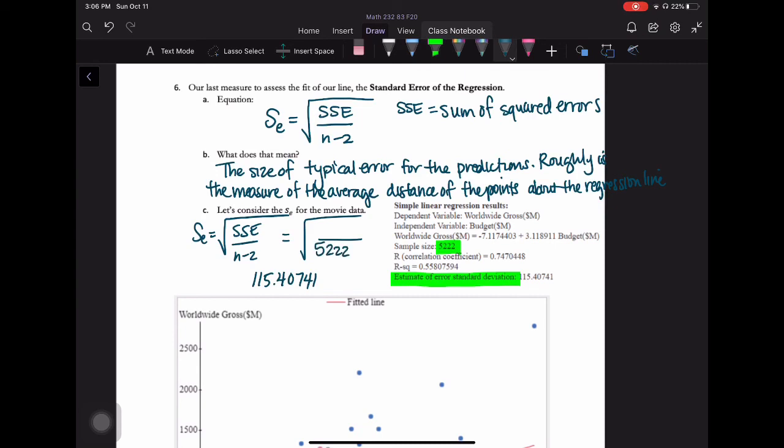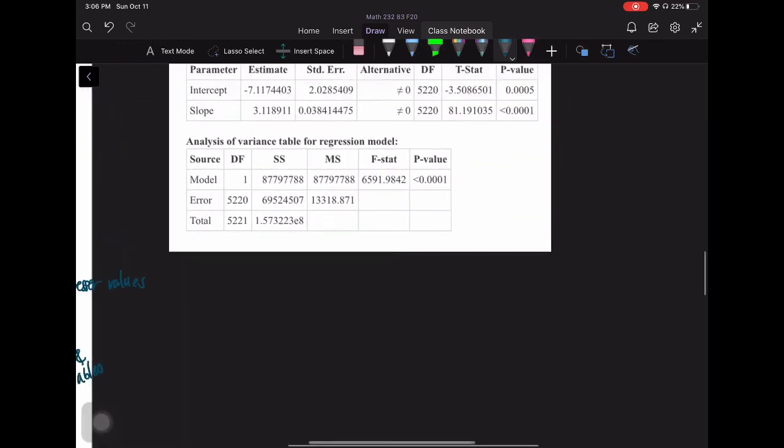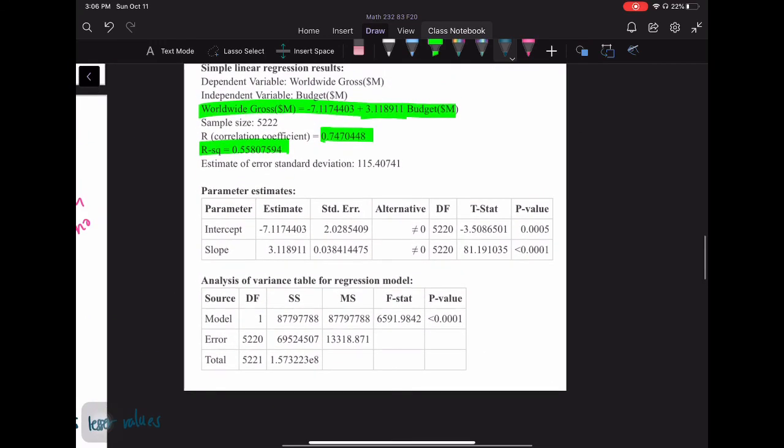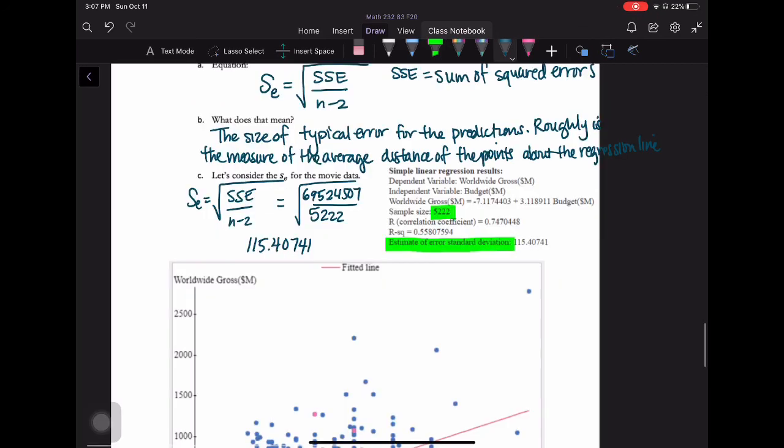It's not in this little snippet right here. We actually need to go back to the previous line here, and you'll find it in the analysis of variance table where I have error and SS. That's the number that we're going to use. And that gives us about 115.4.